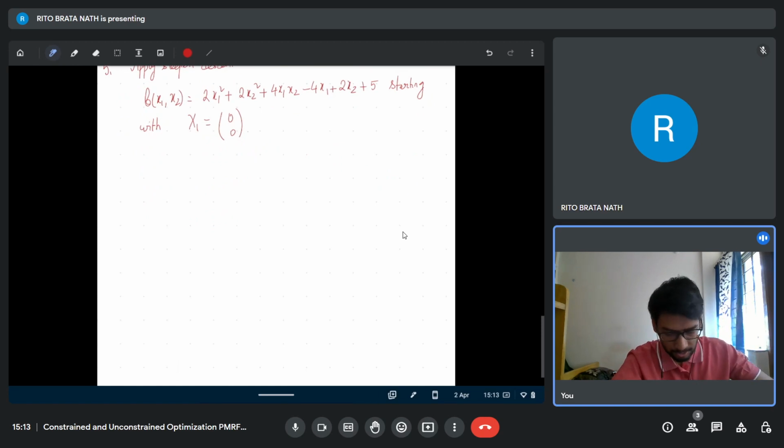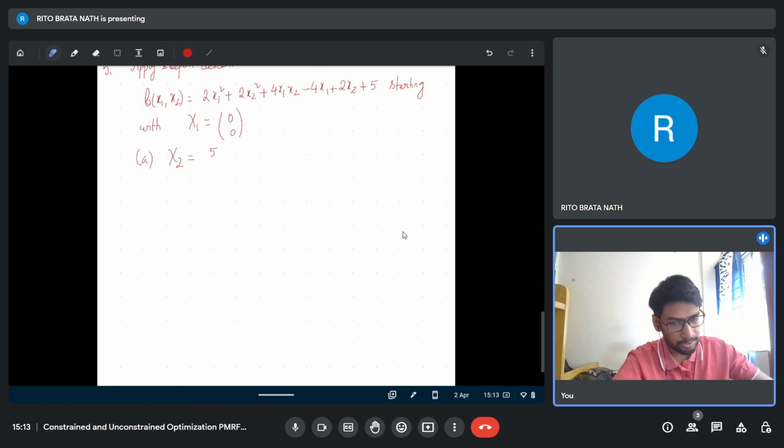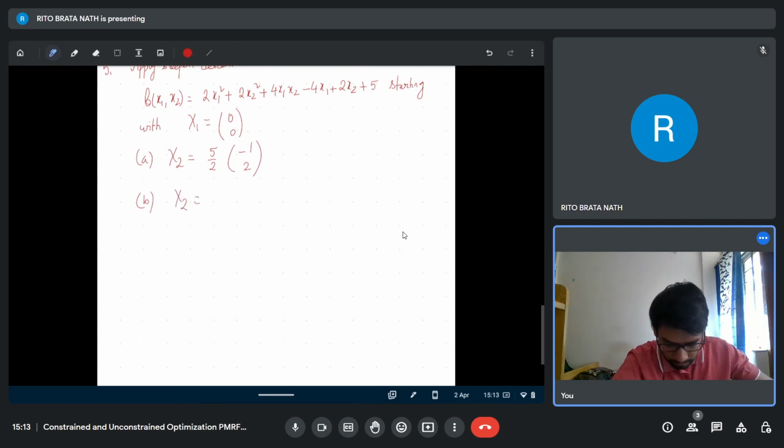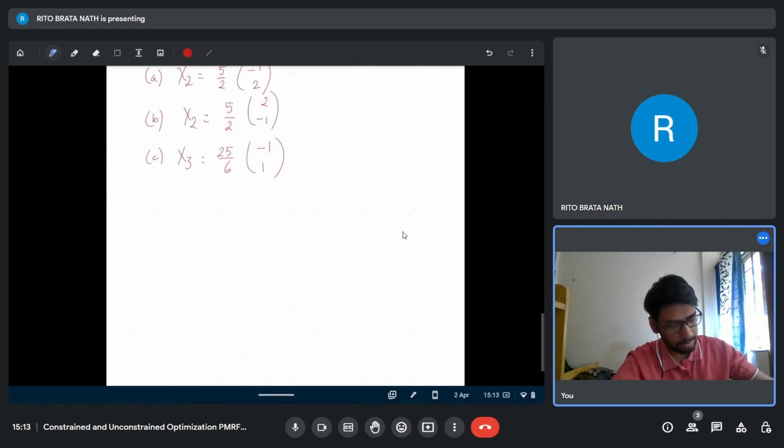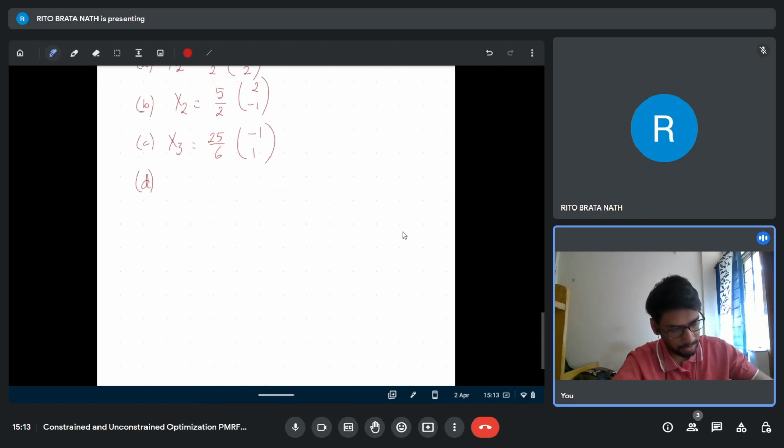So the options are asking to find x2. So finally, just selecting the option, then the option is x2 equals. Option C now tells you about x3, so you have to do two iterations here at least to check whether the solutions are correct or not, because there can be multiple answers to this problem.